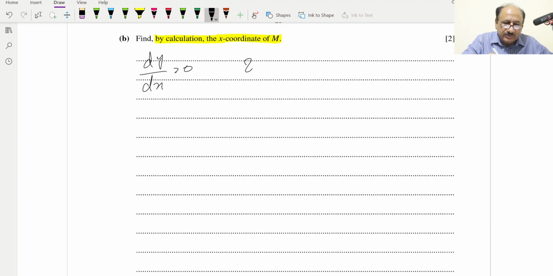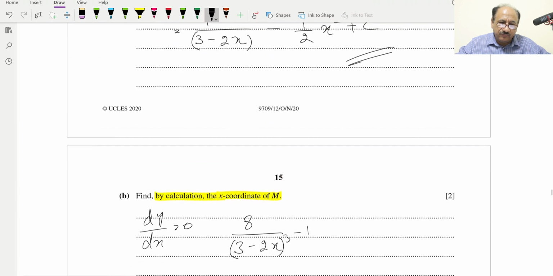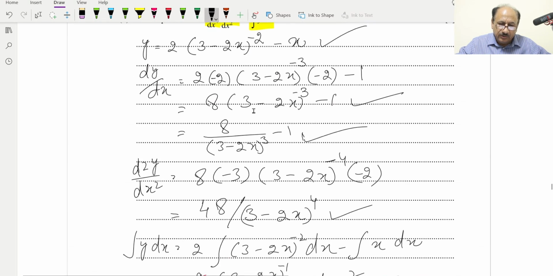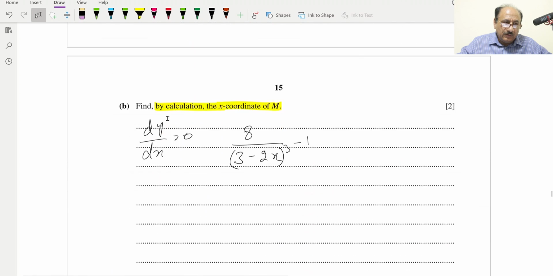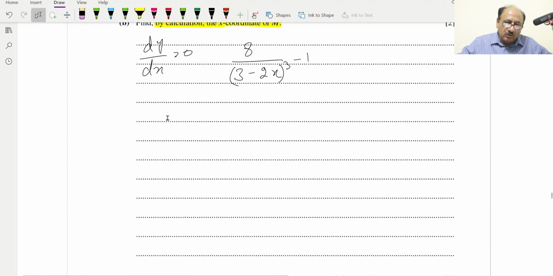So we will replace 8 over (3 minus 2x) cubed minus 1. This is our first derivative which we found over here. So we have set this equal to 0, and we will solve this one.